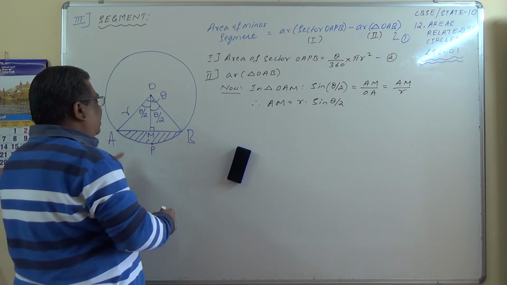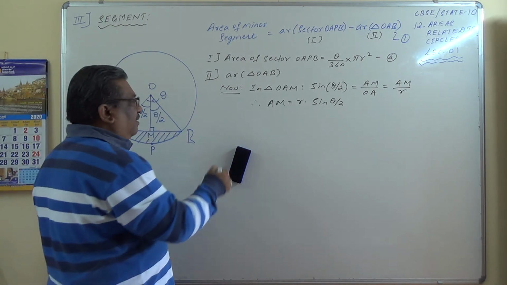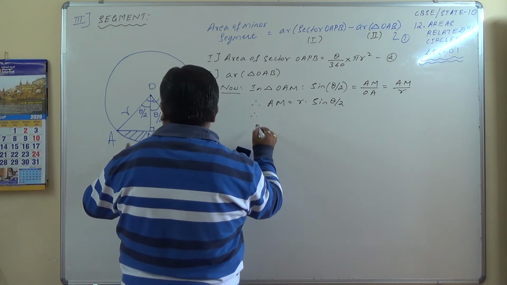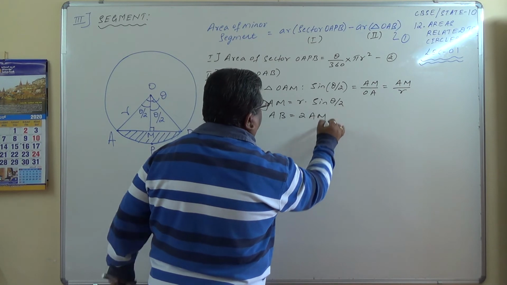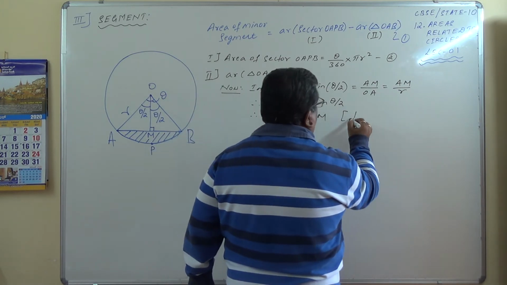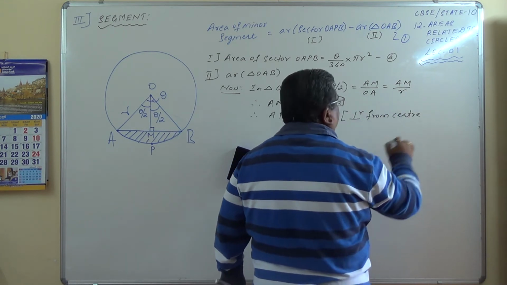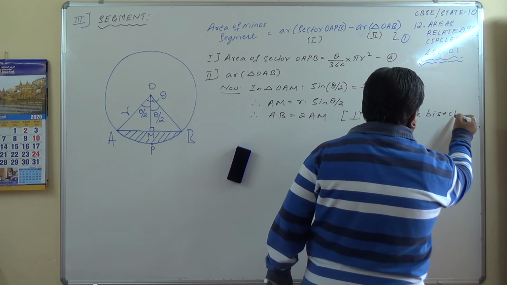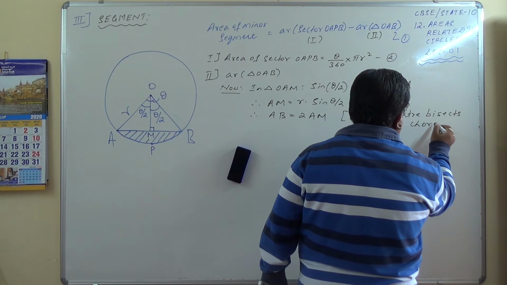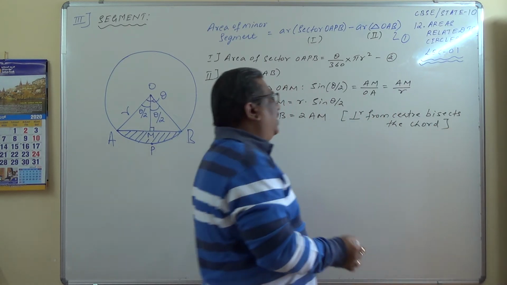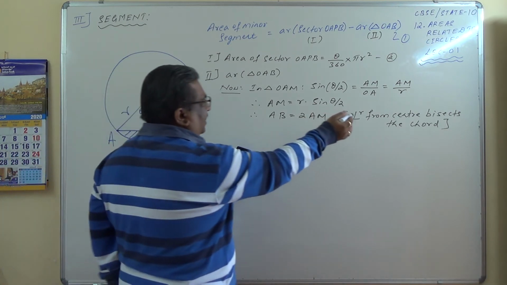What about AB? AB is equal to 2 times AM, because a perpendicular through the center bisects the chord.